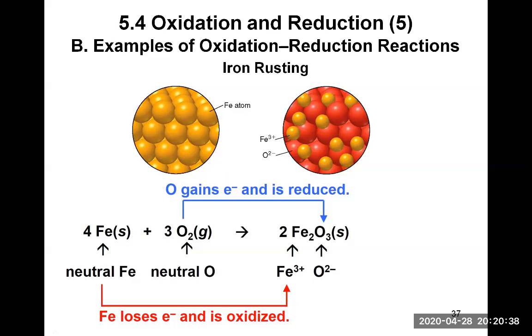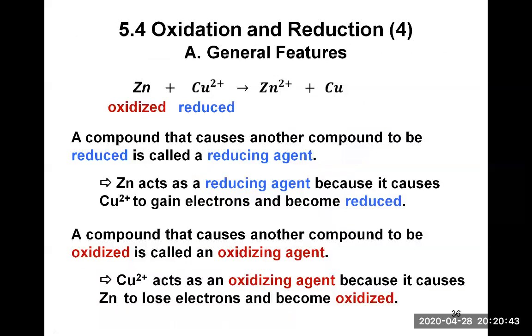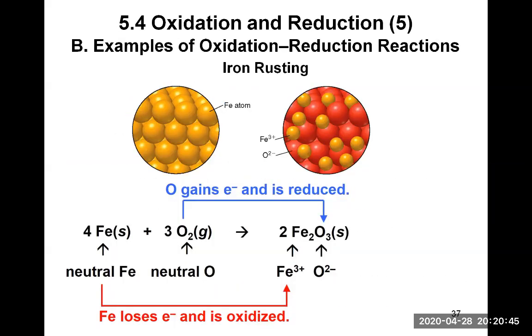So in this net reaction, we see that oxygen gains electrons and becomes oxide ions. The O2 diatomic molecule gains 4 electrons and makes 2 oxide ions, right? The molecule splits, and each oxygen gains 2 electrons and becomes an oxide ion.